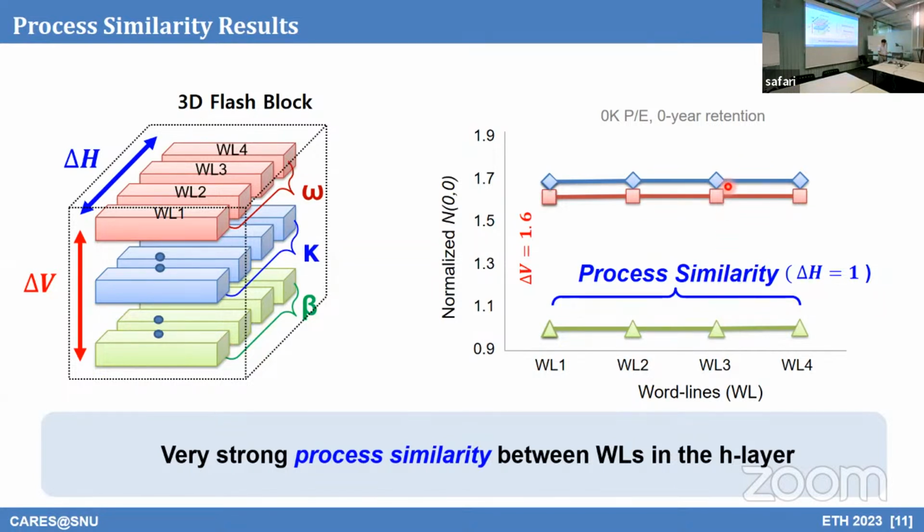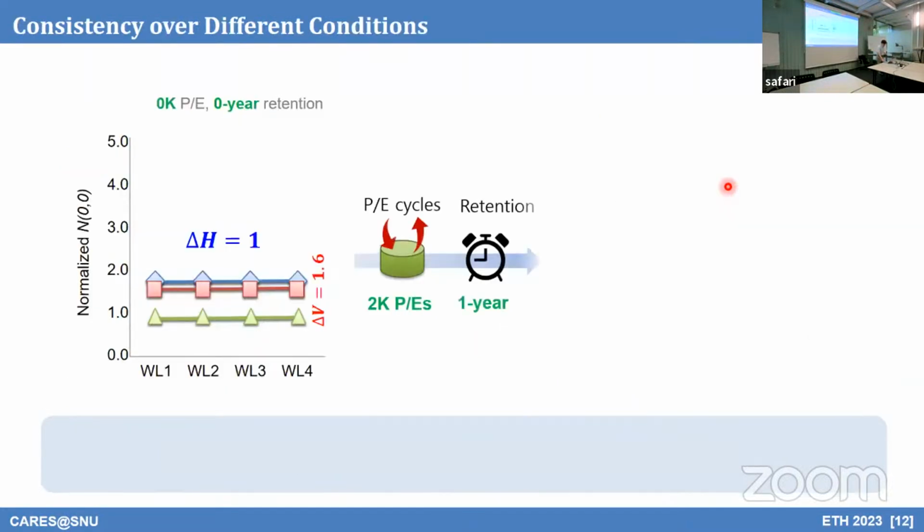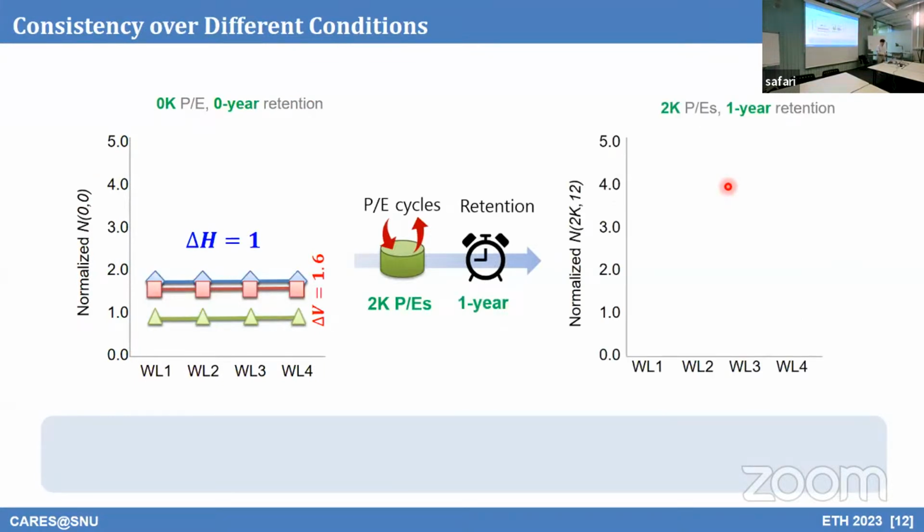Okay. So we repeated these experiments varying the number of P/E cycles and the amount of retention. So we simulated fresh SSD, old SSD, and young SSD, and we got a consistent result. For example, this case represents an old SSD after 2K P/E cycles, with data put in for 1 year retention, and what we measured was similar.